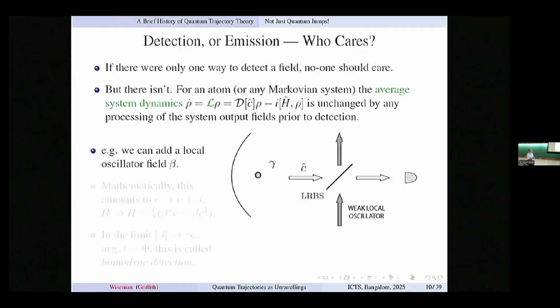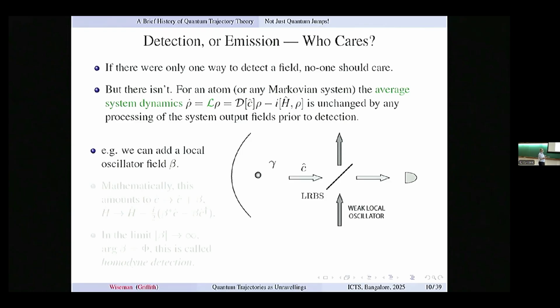Because for any Markovian system described by this average dynamics here, it is not only unchanged by measuring the bath, but also unchanged by any different way of measuring the device, the field, the output. We can process the field before it hits the detector by, for example, adding a local oscillator at a beam splitter here. This is a cartoon version with a parabolic mirror and an atom in the middle.